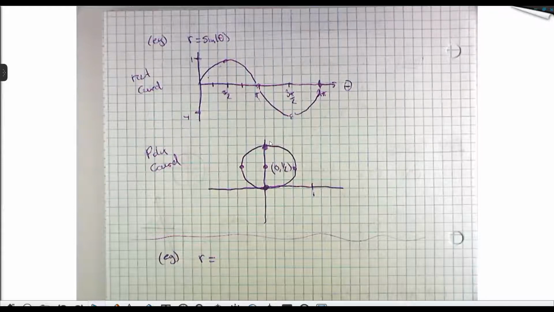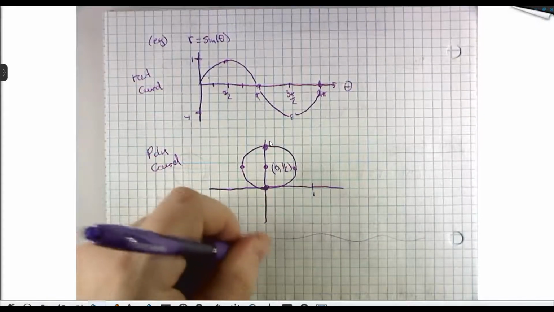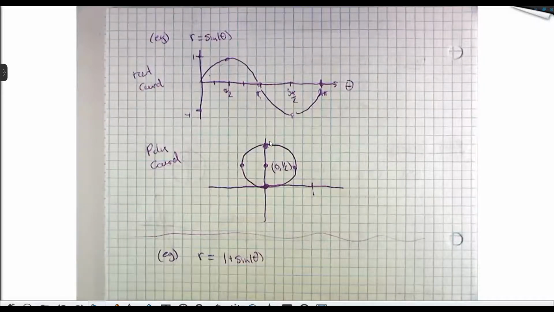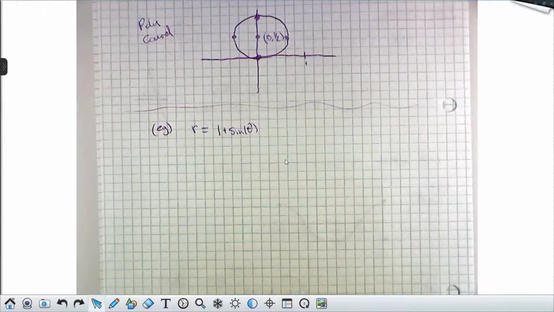Maybe they are in the next section. 2 cos theta, 1 plus sine theta, sure. Why not? We want to sketch it. All right, that's the idea.